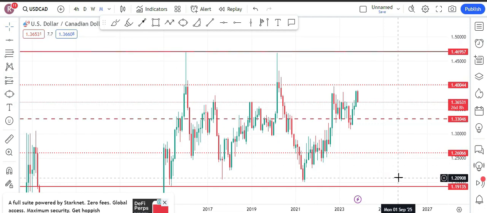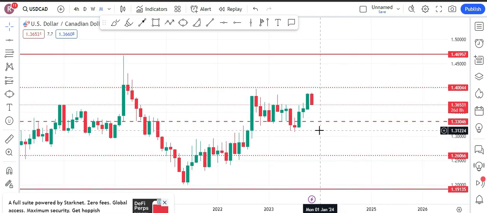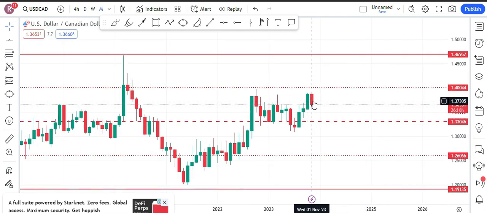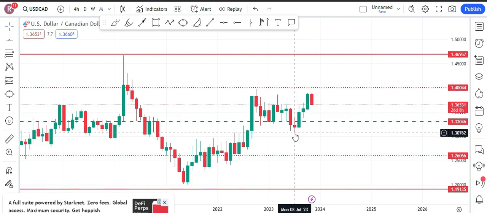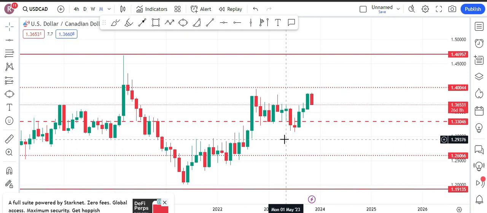Now if we focus on the current price, this is the current month, November. The candlestick just started. So 1, 2, 3, 4, 5, 6, 7, 8, 9, 10, 11, 12, 13, 14. These 14 months we can have this range.